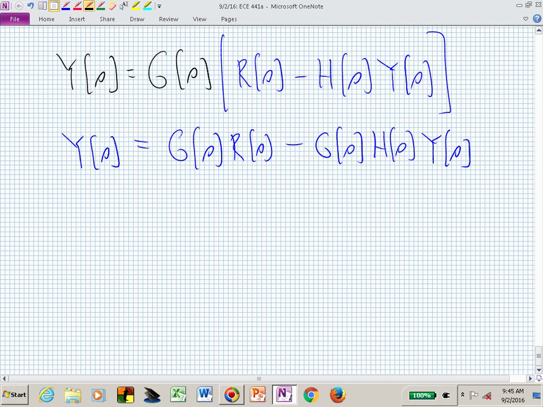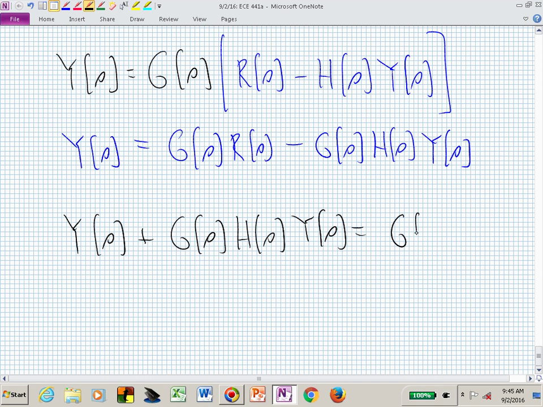Let's now collect like terms on the different sides of our equation. I now have Y of S plus G of S, H of S, Y of S is equal to G of S, R of S.